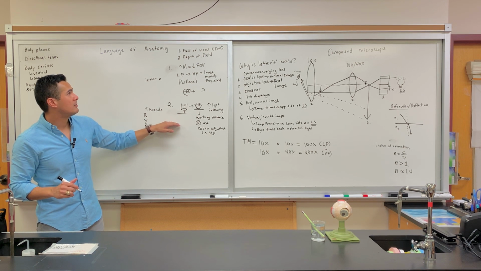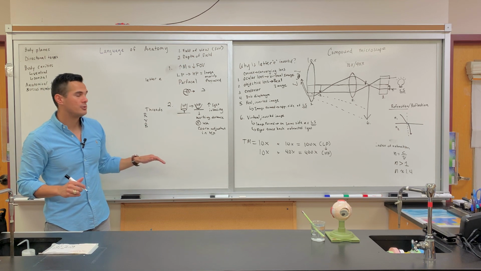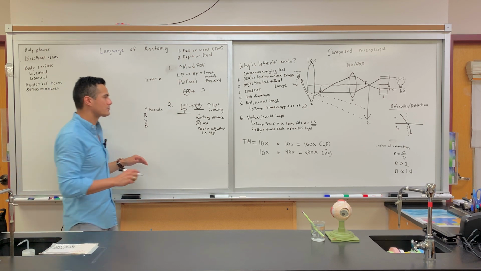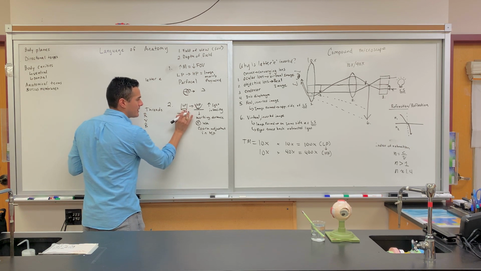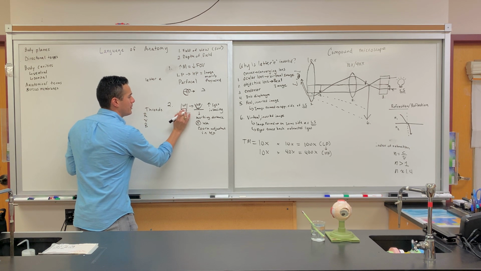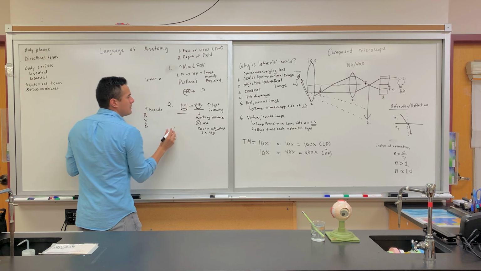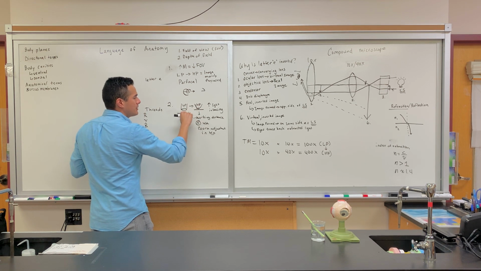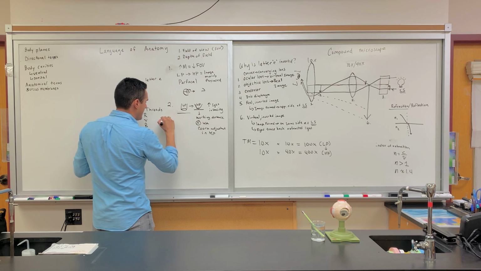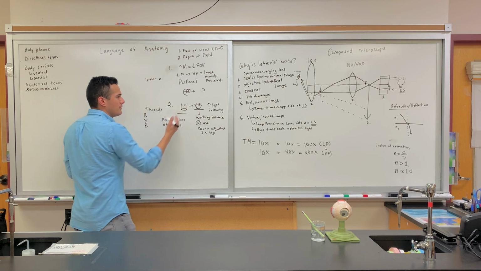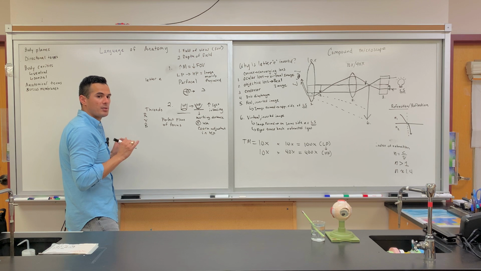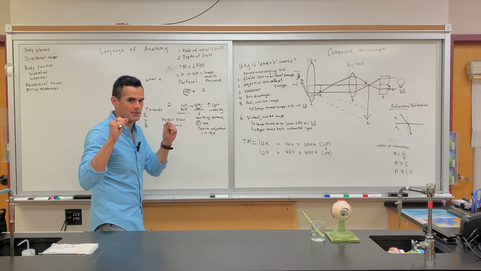Okay, so now let's go into depth of field. With depth of field, I already talked about the working distance, but for each particular objective lens, there is a perfect plane of focus, meaning that you'll get a perfect image.